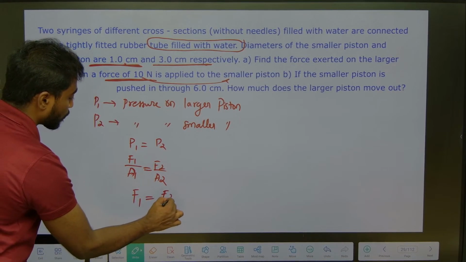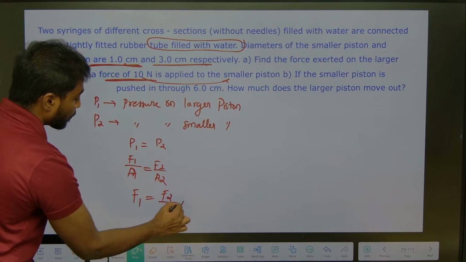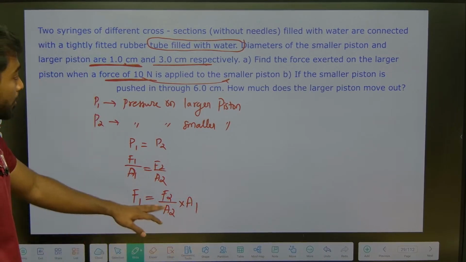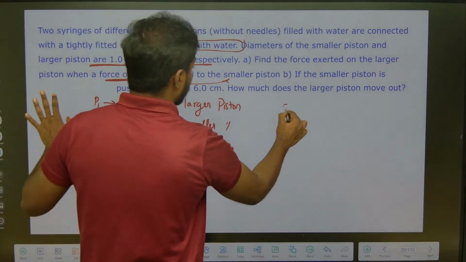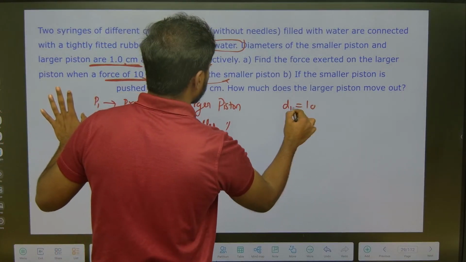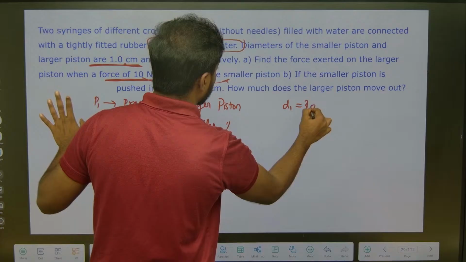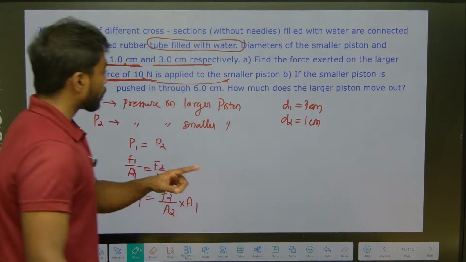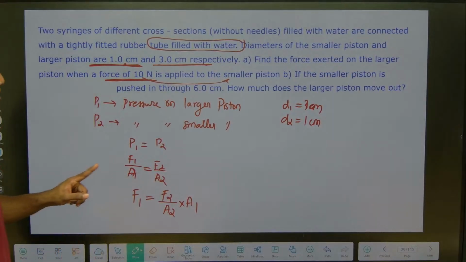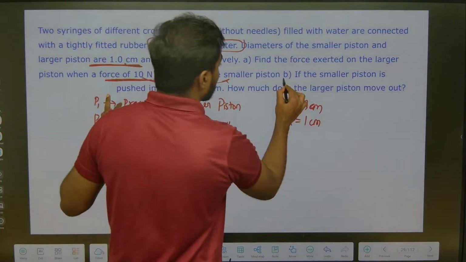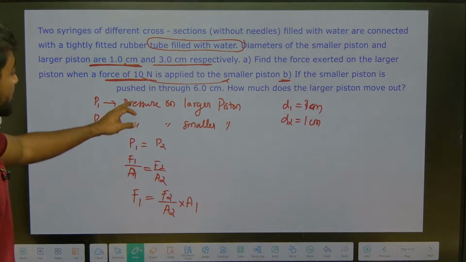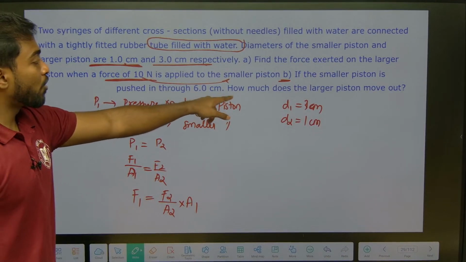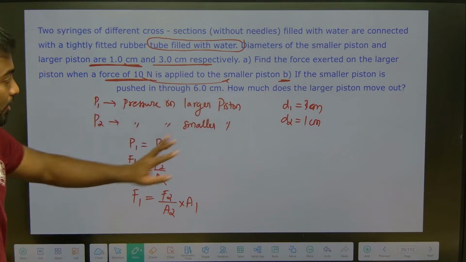So it is F2 by A2 into A1. Diameter D1 equals 3 centimeter and D2 equals 1 centimeter. Convert it into meter. I have given the hint also: if the smaller piston is pushed in through 6 centimeter, how much does the larger piston move out? That also I need to find.